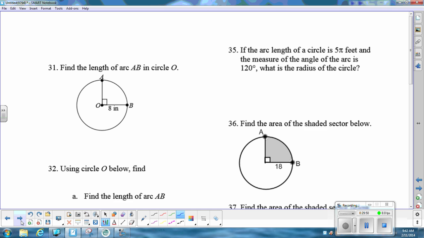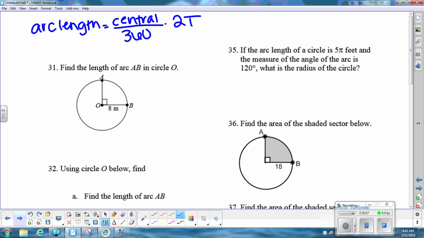Number 31, we have to find the length of the arc. Remember, our formula is arc length equals our central angle divided by 360. And since we're looking for arc length, we're looking for part of the outside of the circle. So we're multiplying by our circumference, 2 pi r. Plug it in. We know our central angle is 90 degrees.